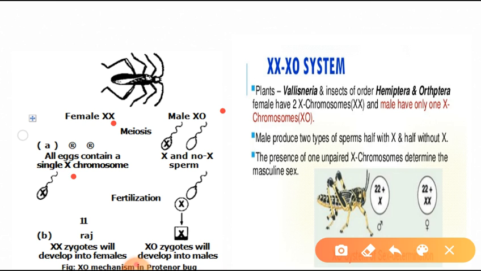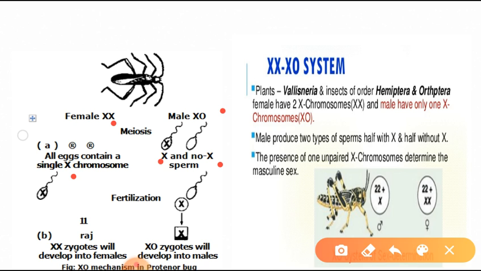But in the case of male, 50% of sperm consist of the X chromosome and the other 50% do not have the X chromosome. So here what is happening? In insects, the sex is determined by the male.